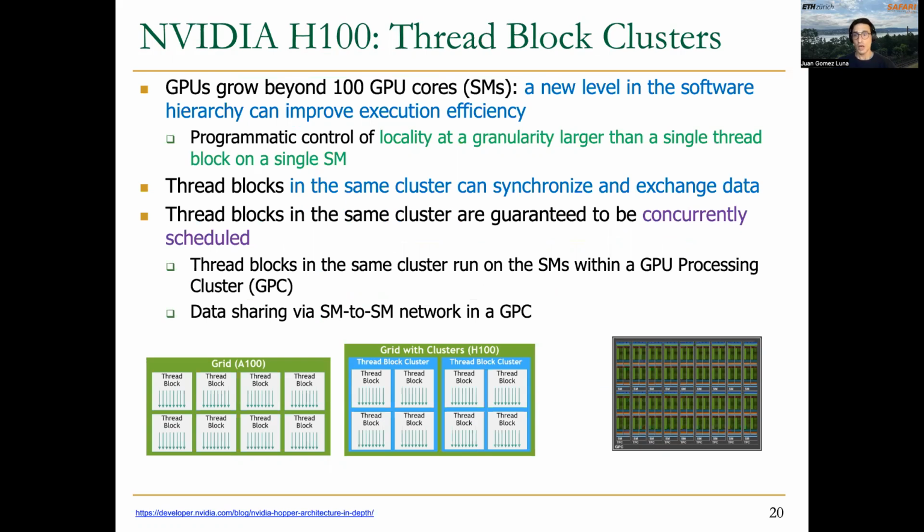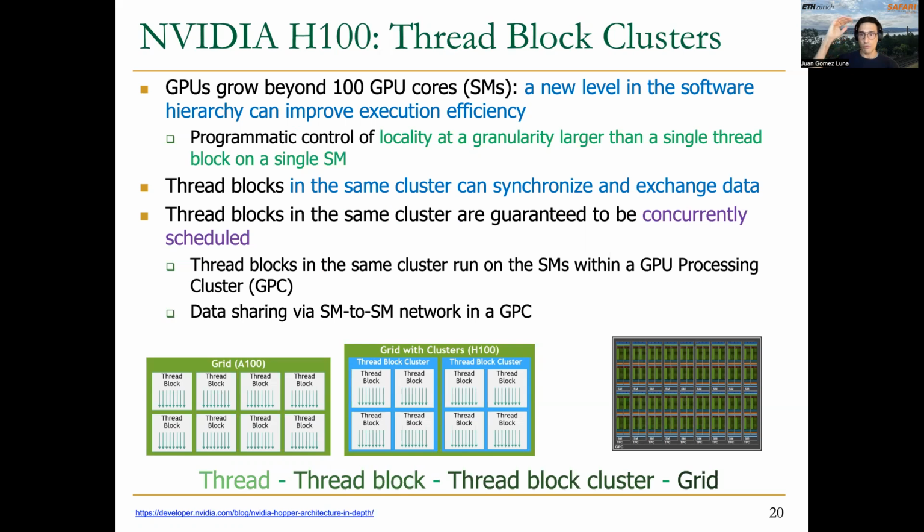So now, instead of having a grid composed of thread blocks, we can have a grid composed of thread block clusters, and these thread block clusters are composed in turn of thread blocks. So now the hierarchy is thread at the lower level, then thread blocks, then thread block clusters, and finally the grid. The interesting thing about thread block clusters is that the thread blocks inside a cluster can directly communicate through a new network that the H100 architecture introduces.